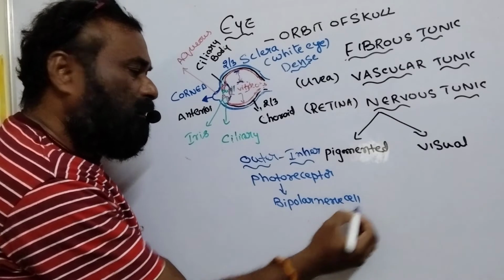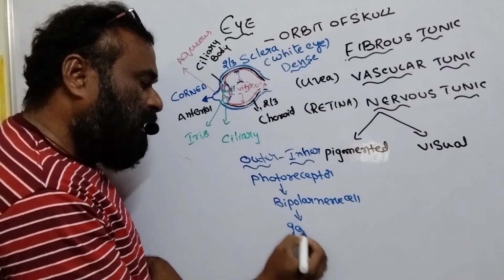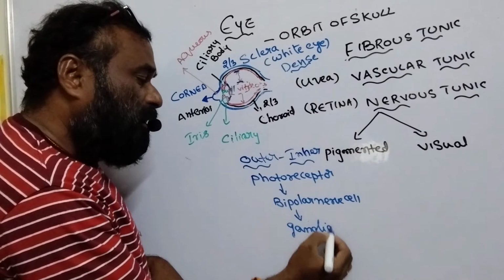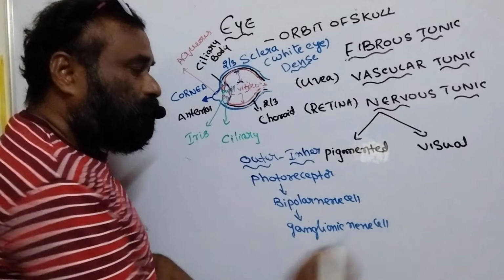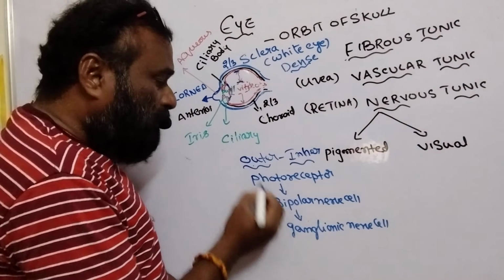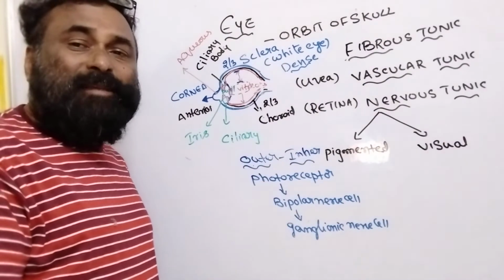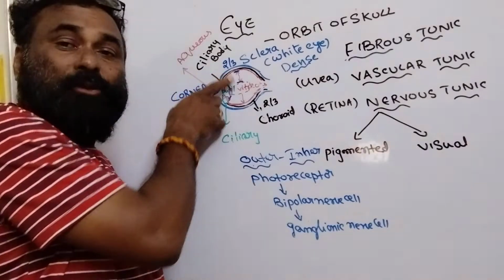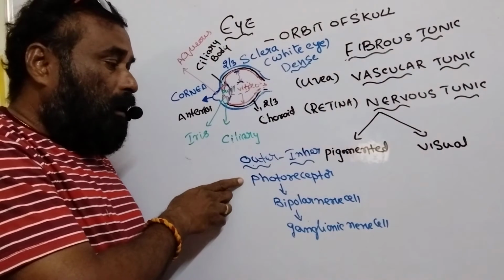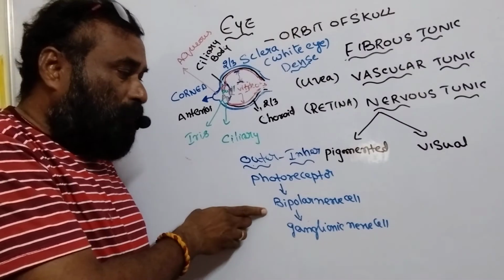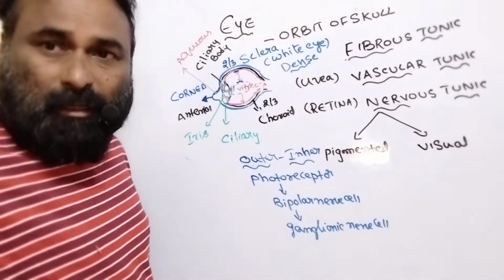Beneath the bipolar nervous layer, there is the ganglionic nervous layer. It is the outer margin. Arrange the following sequentially: the layers of cells from outer margin to inner margin of the retina: photoreceptor, bipolar nervous and ganglionic nervous.